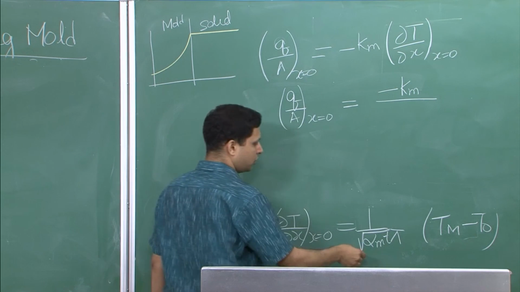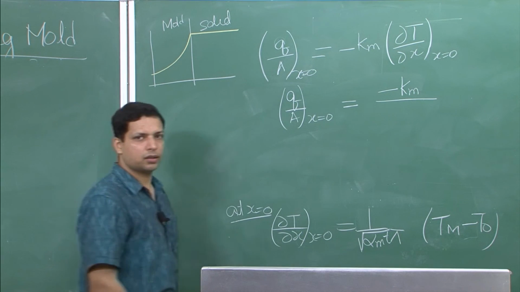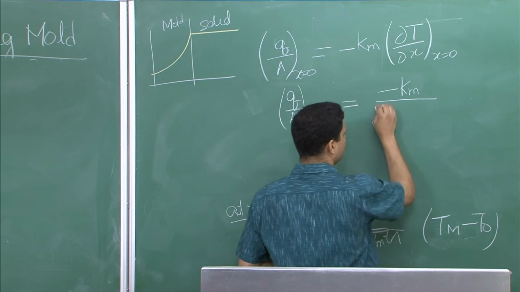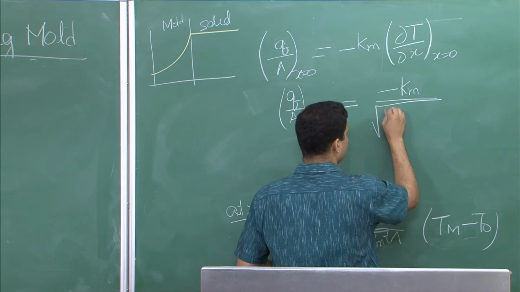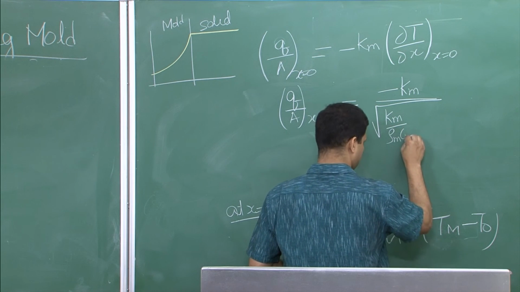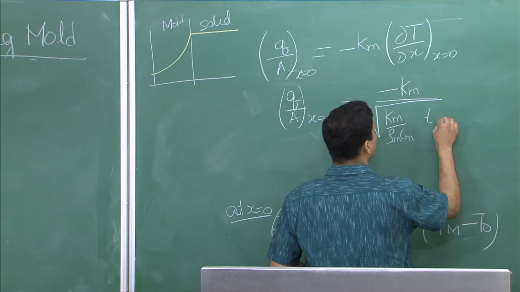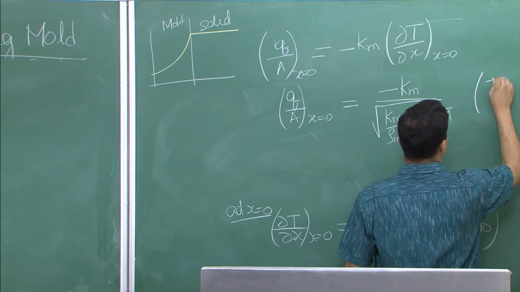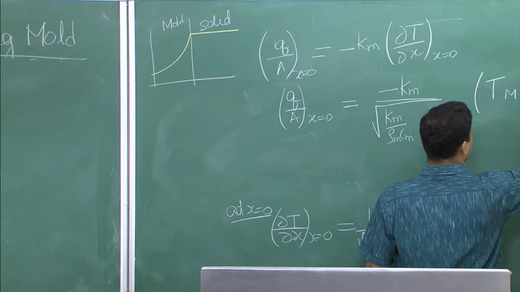and since alpha m also has the Km factor and other rho m Cm, so we will break it into those smaller ones which is Km by rho m Cm into T into pi times Tm minus T naught.